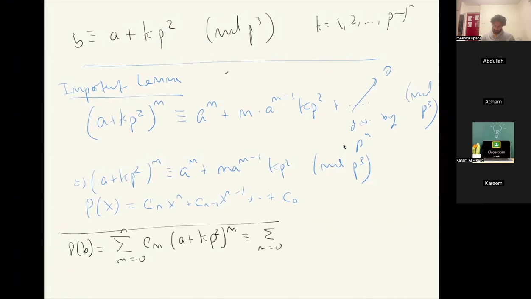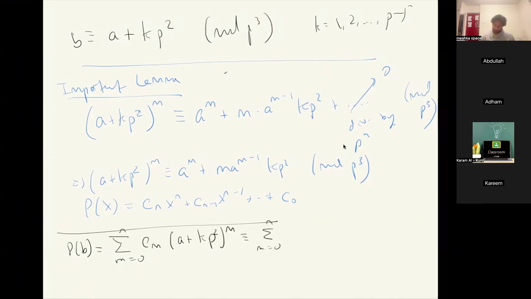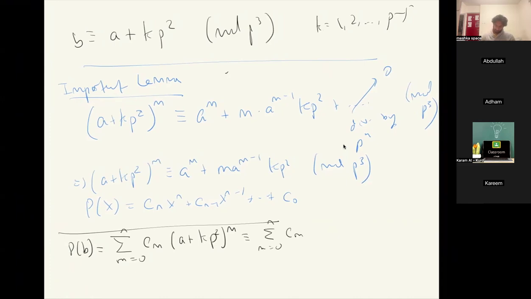Mod P cubed, this is Cm A to the m plus Cm m A to the m minus 1 K P squared.